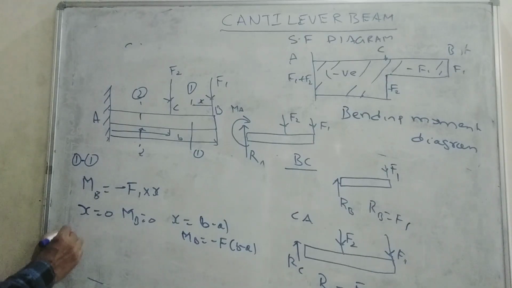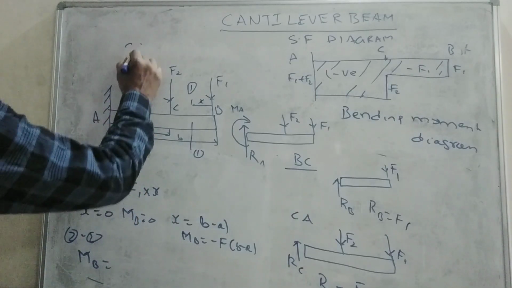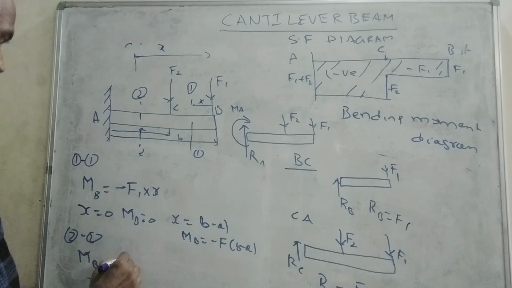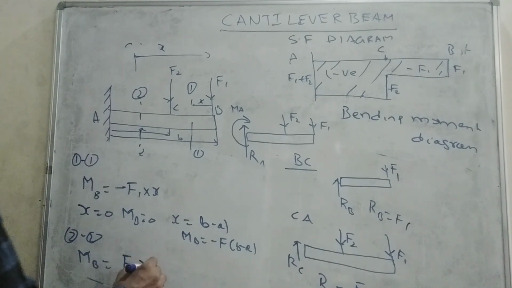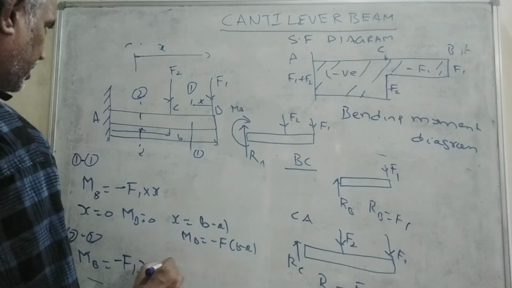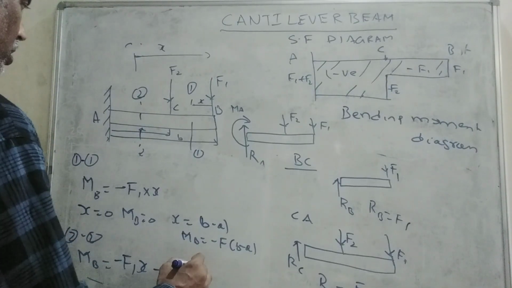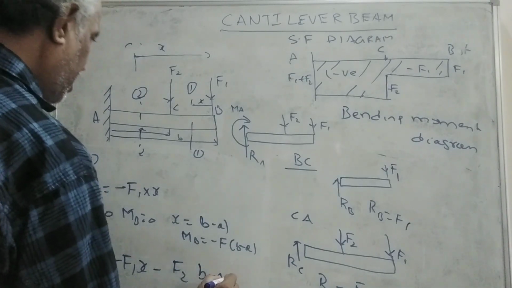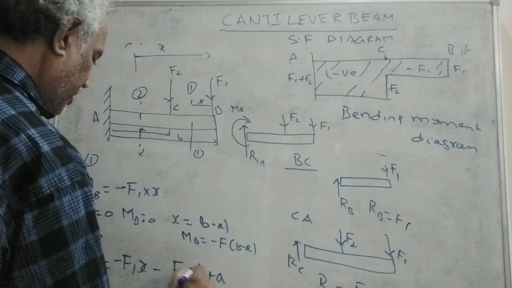Similarly, at section 2-2, MC is equal to F1 into x minus F2 into (x minus B plus A).